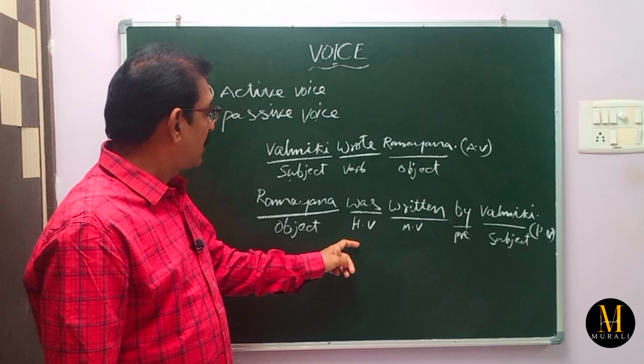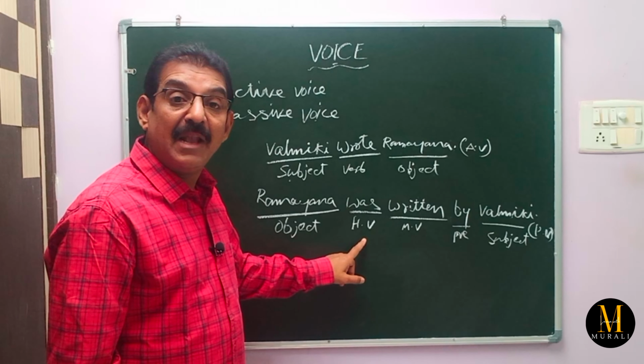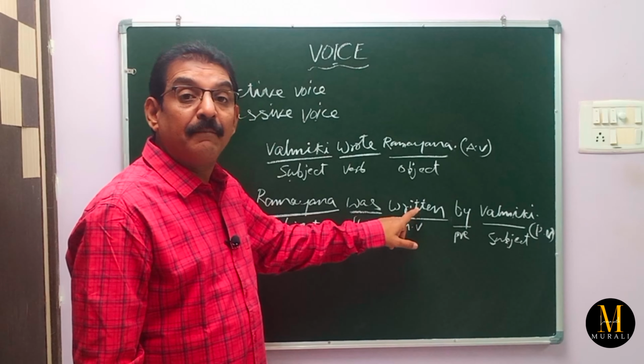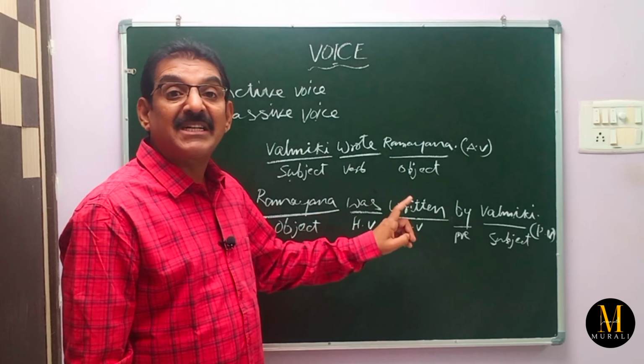Observe it. So, was is the helping verb. Written is the past participle. This is V3. Whenever we change active voice to passive voice, the actual meaning of the sentence doesn't change.